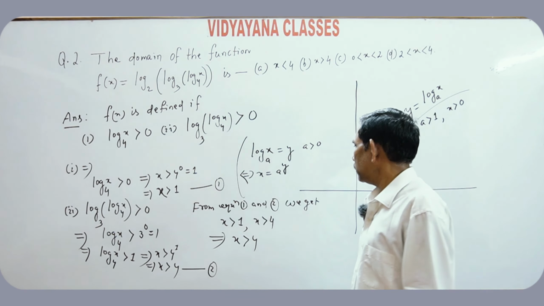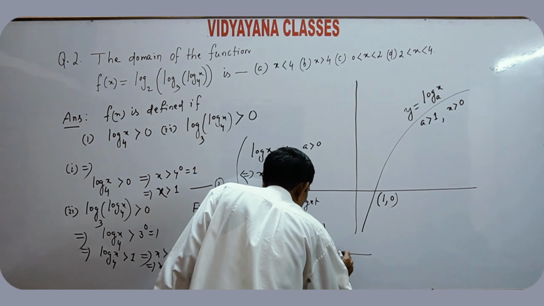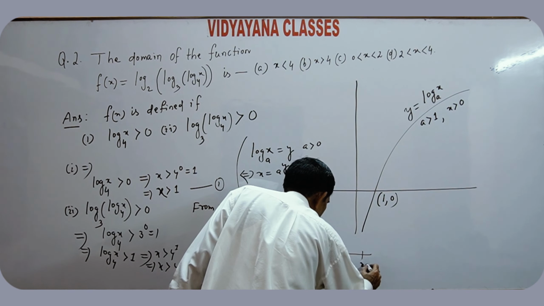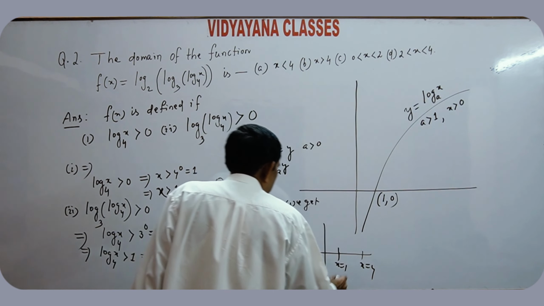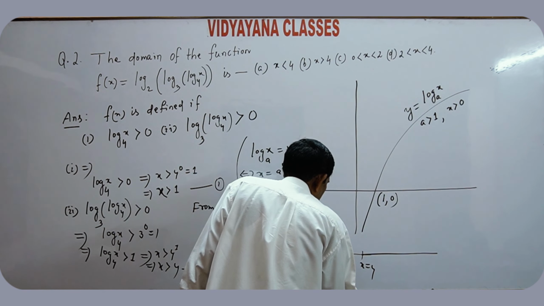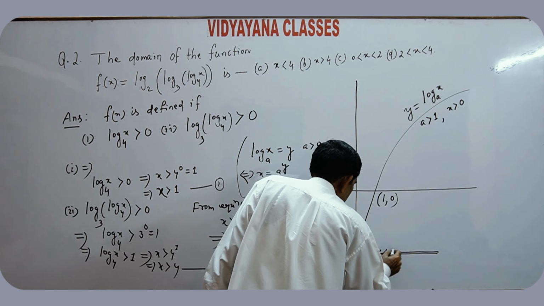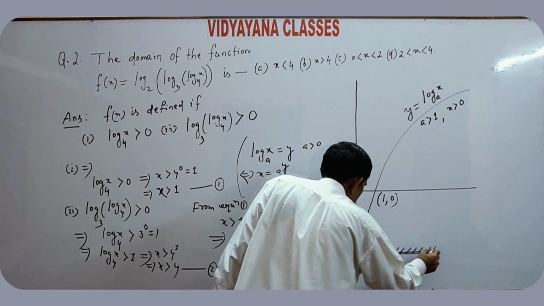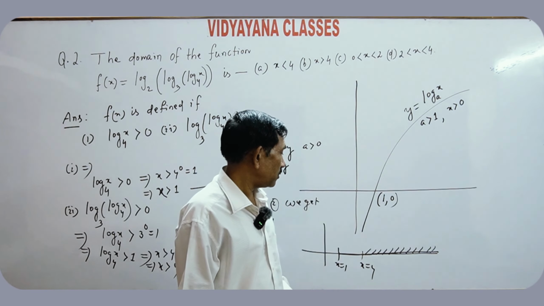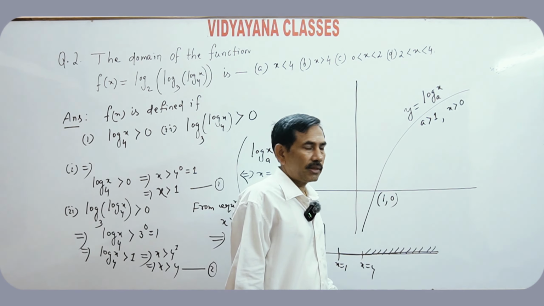On the number line, x is equal to 1 and x is equal to 4. x greater than 4 means this region, and x greater than 1 means this region. It is the common region. x greater than 1 is the larger set, and x greater than 4 is the smaller set.